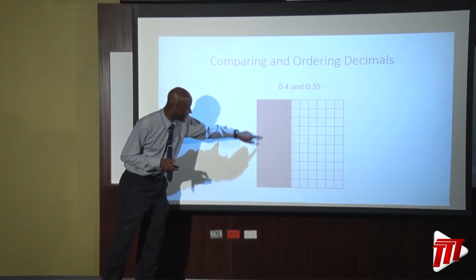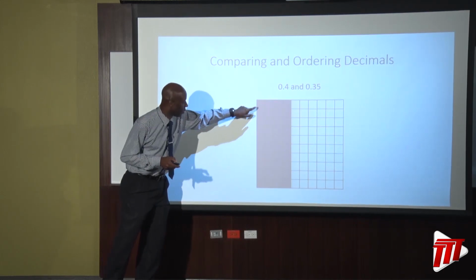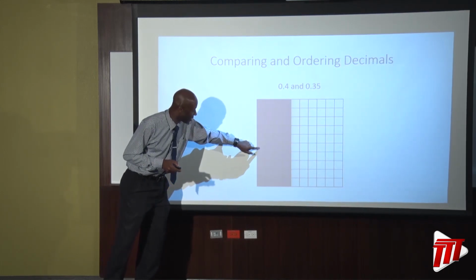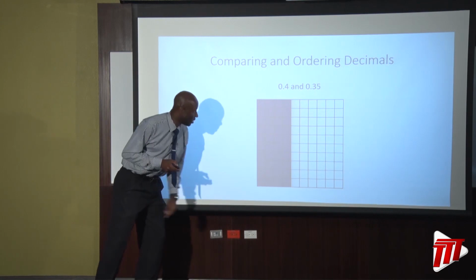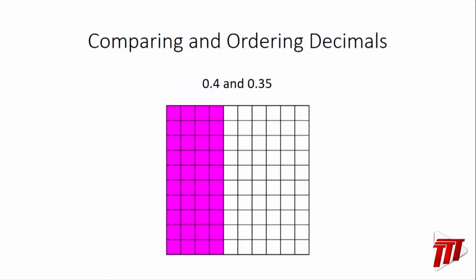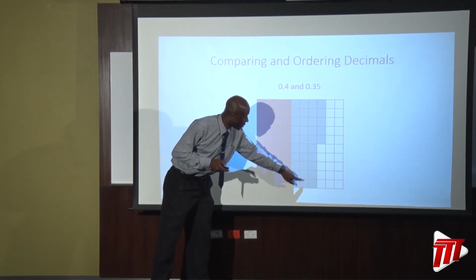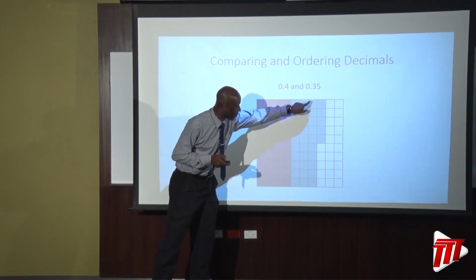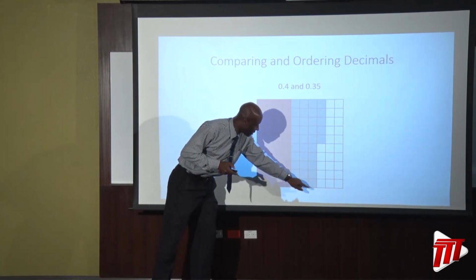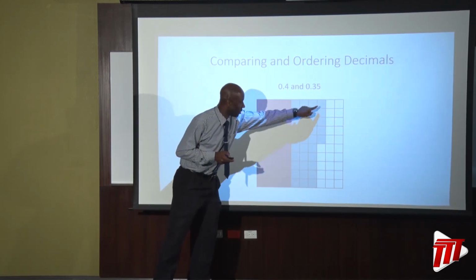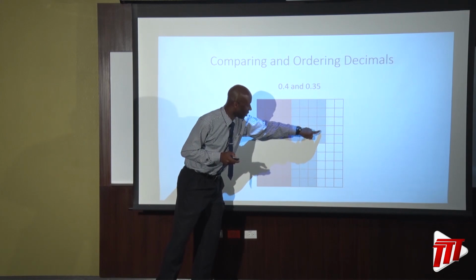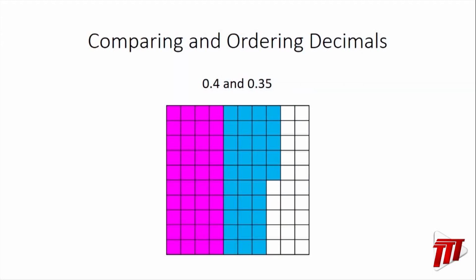Each tenth is equal to 1, 2, 3, 4, 5, 6, 7, 8, 9, 10 hundredths. 35 hundredths would be 10 hundredths, another 10 hundredths, so that is 20 hundredths, another 10 hundredths, 30 hundredths, 31, 32, 33, 34, 35 hundredths.